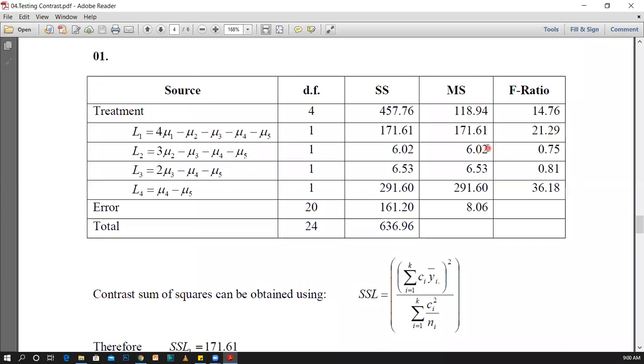For the second contrast, 6.02 divided by 8.06 gives 0.75. In this form, you have to identify the F ratios, because these are the calculated F values. If you go through the previous equation again, the F value was calculated using SSL divided by MSE. Even though it is MSL, we define it as SSL, because the mean square for contrast and the sum of squares for contrast are the same.